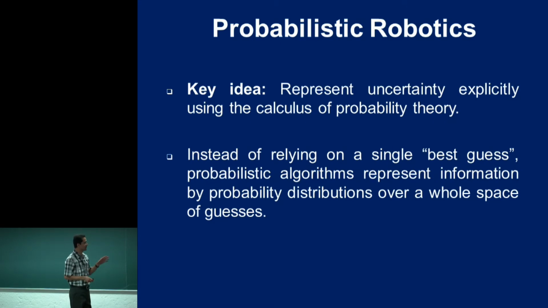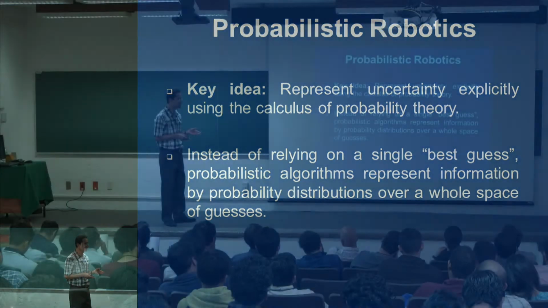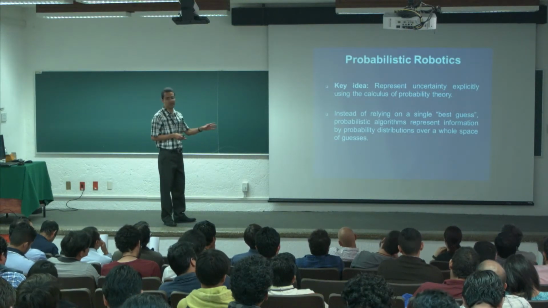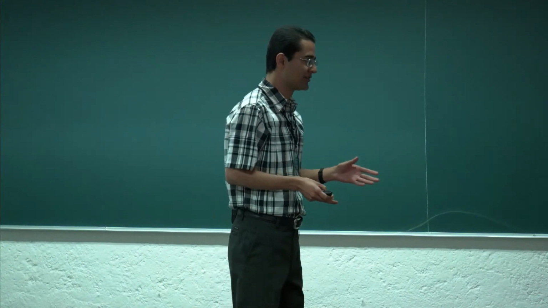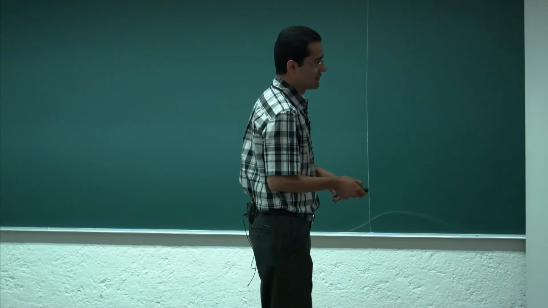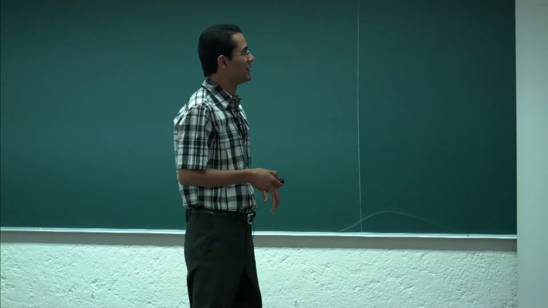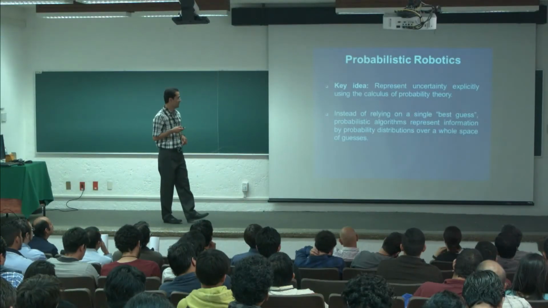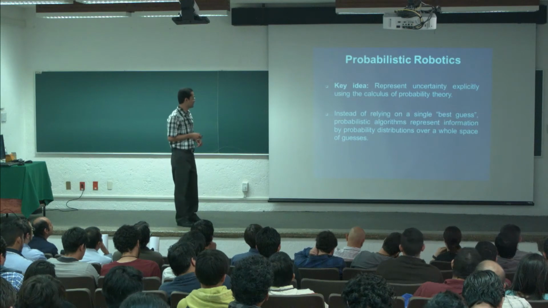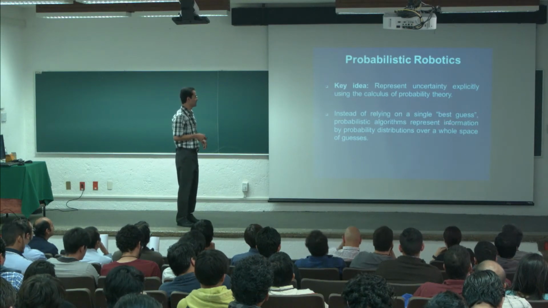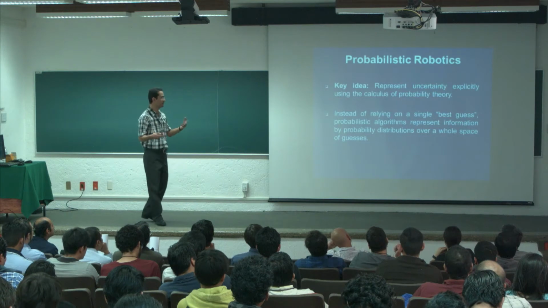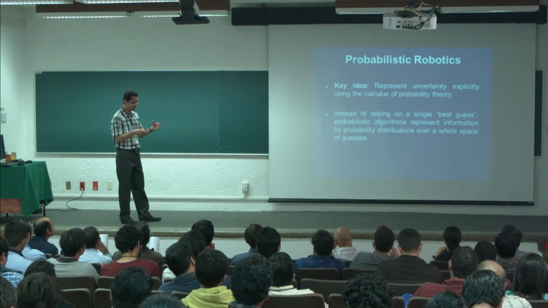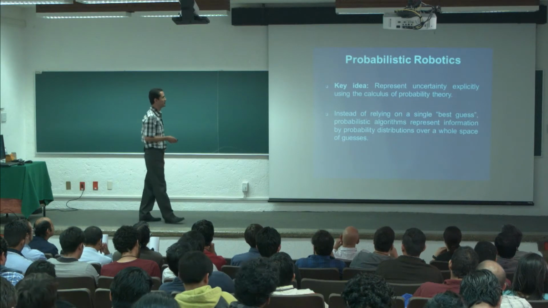In some cases we can just apply this algorithm and we will get a location, but probably this location is not correct, but that's the best guess, no? So I'm going to work with that. The idea here is that we use probabilistic algorithms to represent information using probability distributions over a whole space of guesses. So now I can get more information and I can summarize or average this information in order to make a better guess.